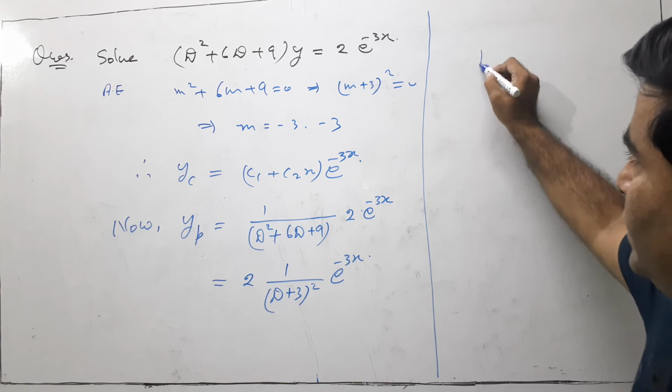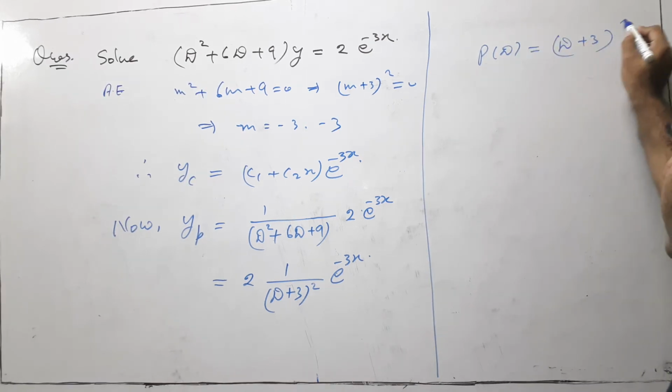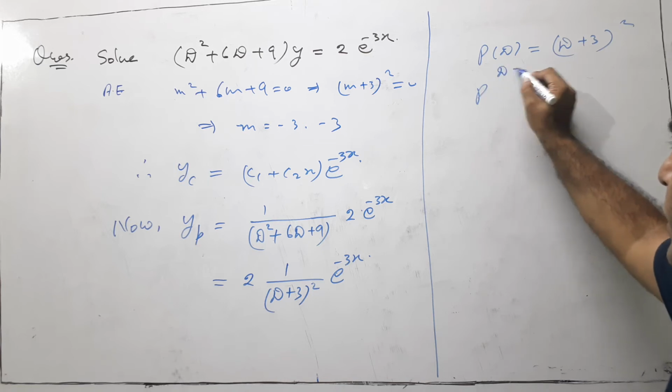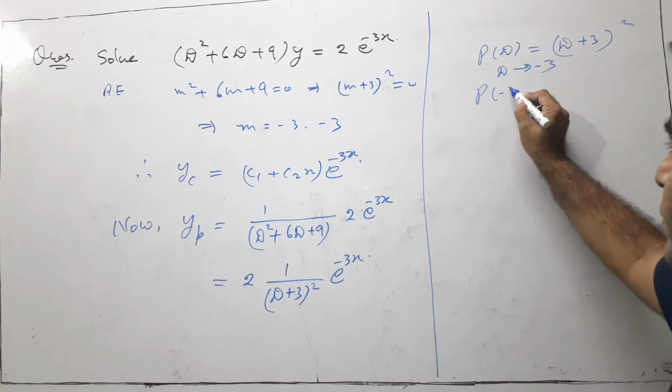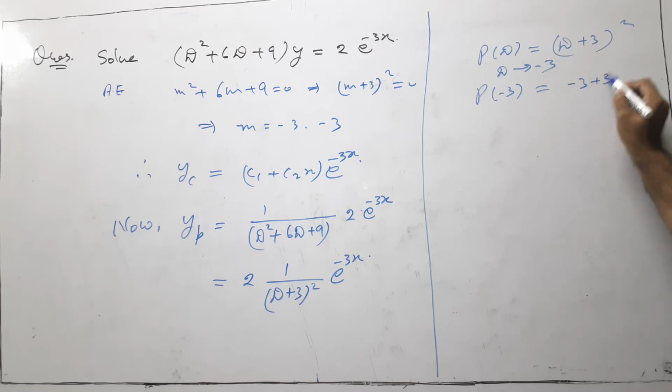Here it is clear that PD is (D+3) whole square, and we replace D with minus 3, so (D-3), this is (-3) whole square, this is 0. Okay.